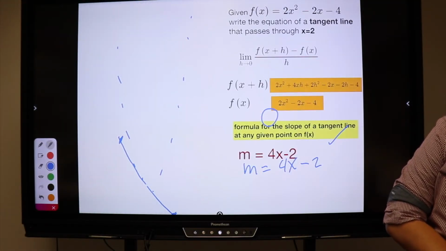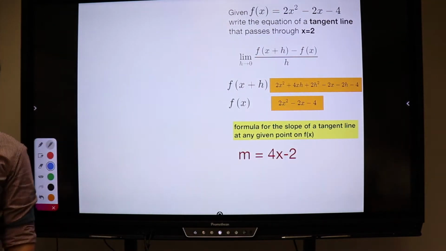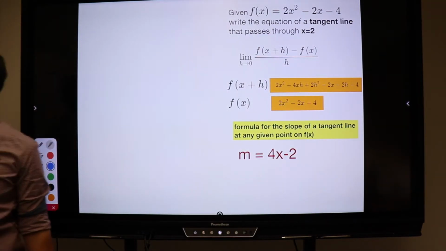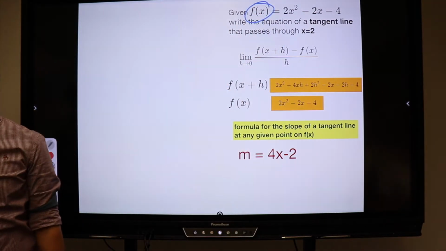Given now that you have this function and this formula, you're able to produce any of the tangent line in this f of x. But that is only limited to just that function.